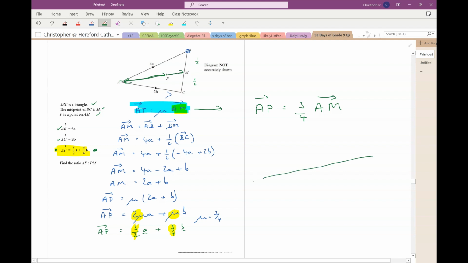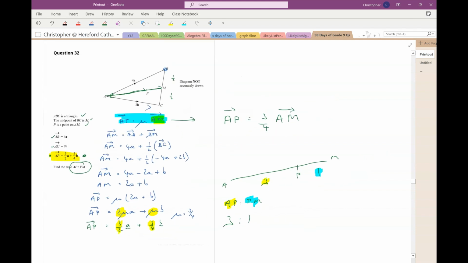So if this is A, and that's P, and that's M, then this bit's 3/4. So look, 3 and 1. Now what's the question? Find the ratio AP to PM. Well, it must be AP is 3, PM is 1. So the ratio must be 3 to 1. And that is question 32 done.